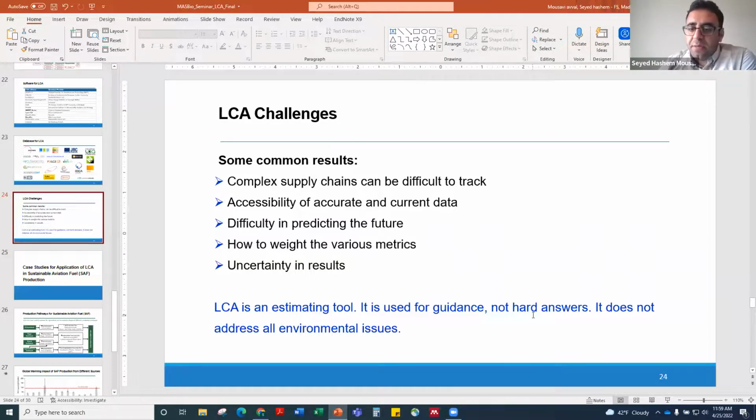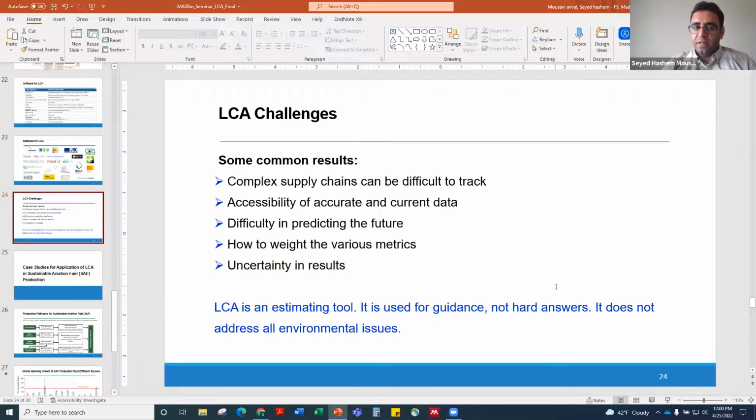What I mean by this, for example, is that there are lots of factors which affect the result in LCA. For example, one is geographic location. The global warming impact of soybean production can be different from farm to farm, or based on the technology that we are using.